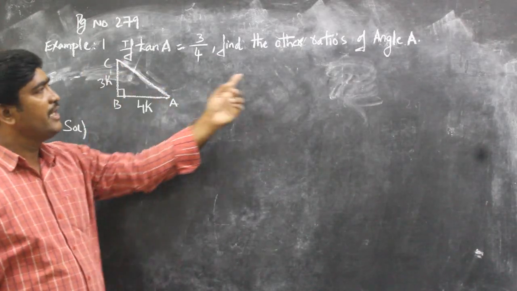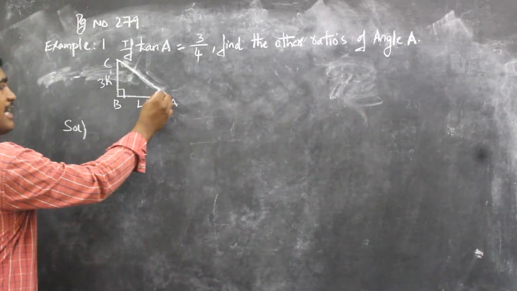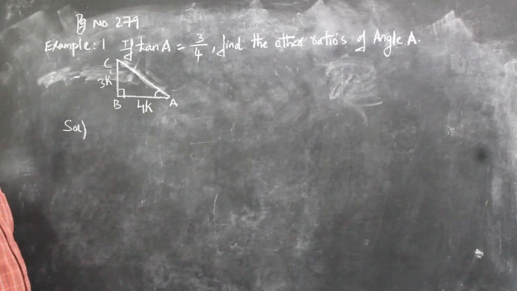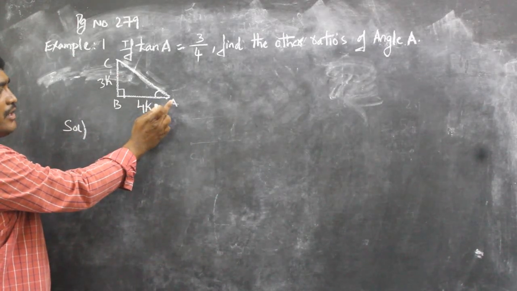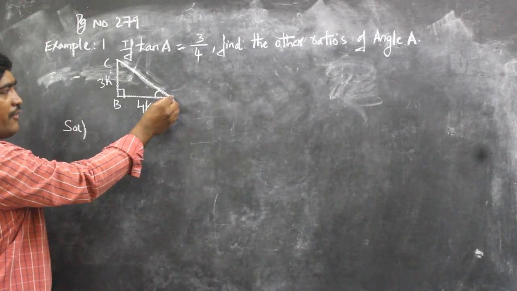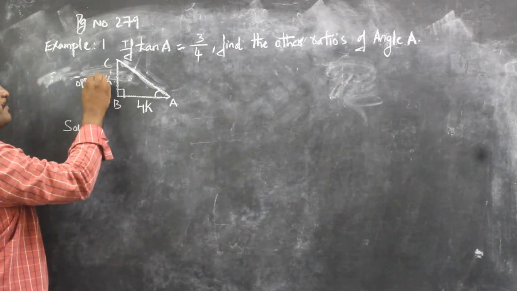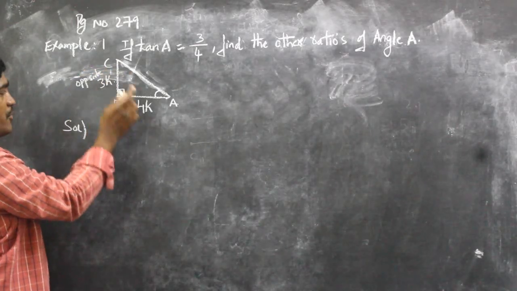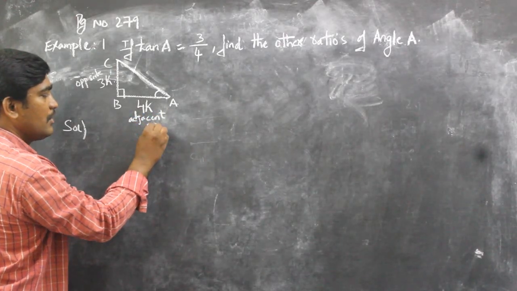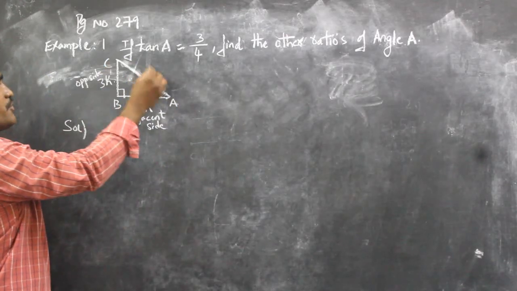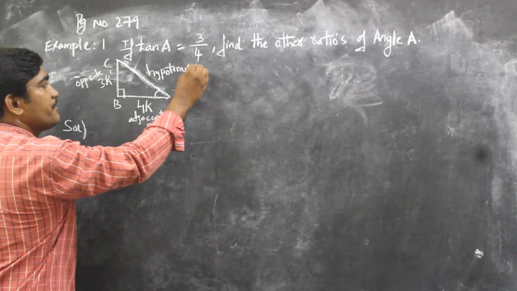In the question he is asking for all the ratios at angle A, so I will consider the angle at A. Now the angle is present here. From this one, this is the opposite side, below it is the adjacent side, and the longest side is called the hypotenuse.